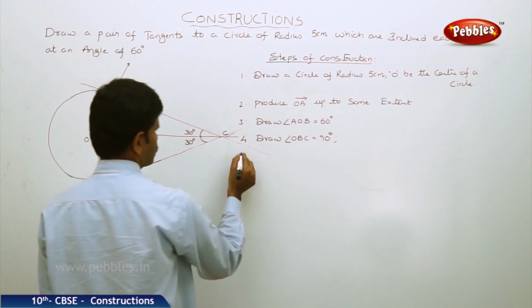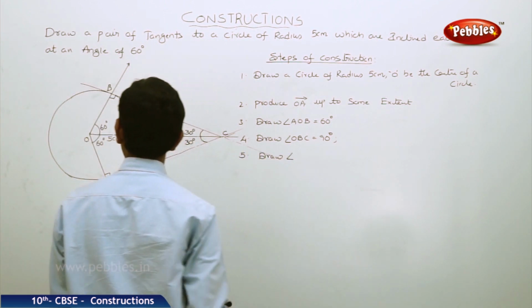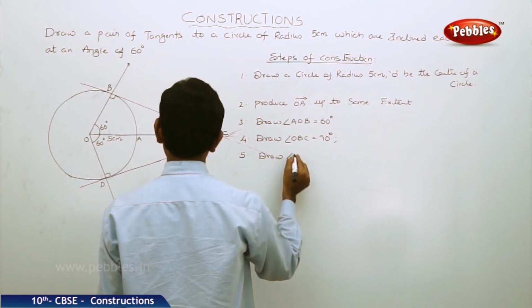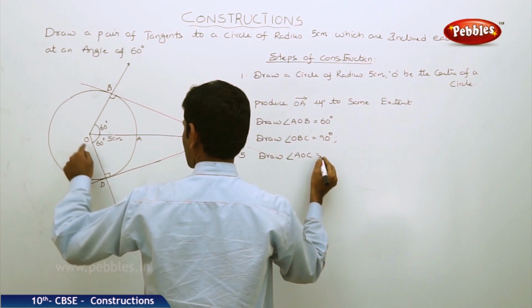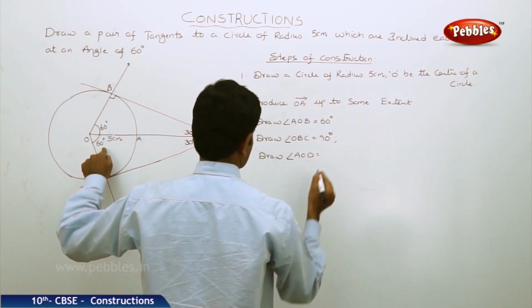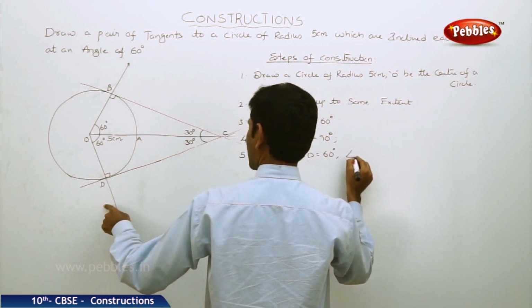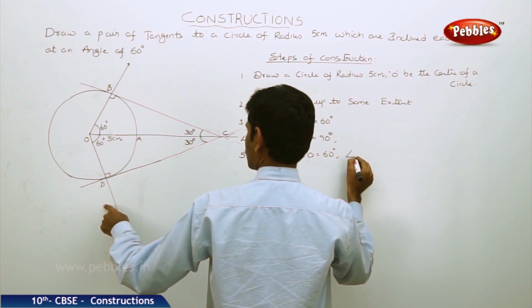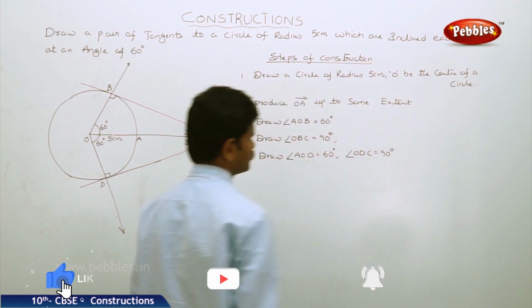Next, fifth one, again draw angle AOD equal to 60 degrees, draw angle ODC equal to 90 degrees.